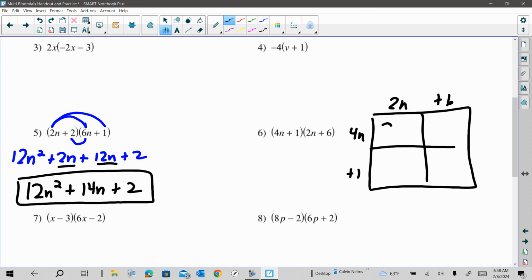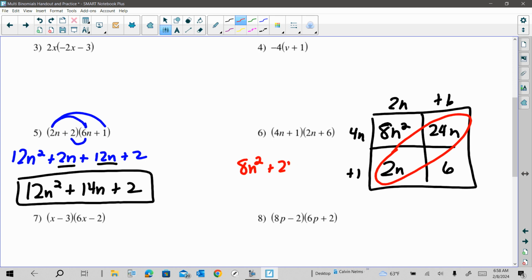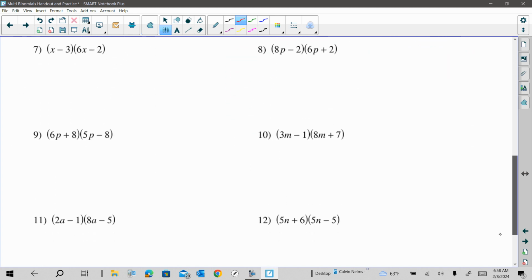So this would be 8n squared. 4n times 6 would be 24n. 1 times 2n gives me 2n, and 1 times 6 is 6. And then we have to realize these are the like terms. So the final answer would be 8n squared plus 26n plus 6. And we combine them.